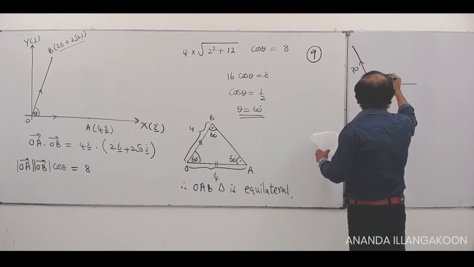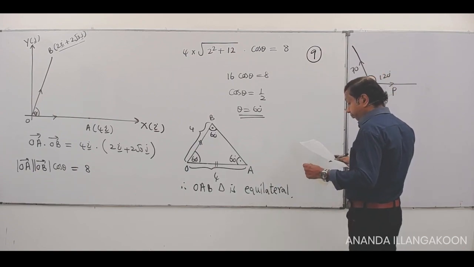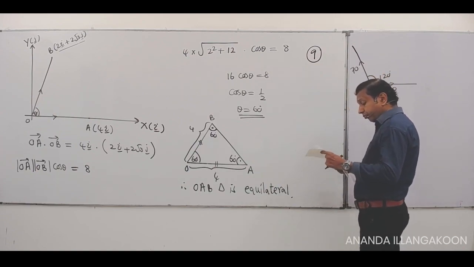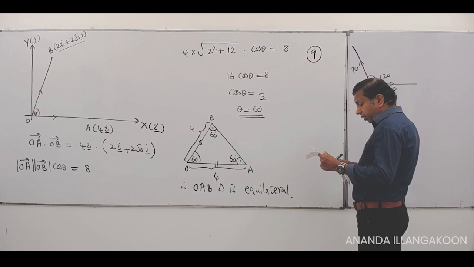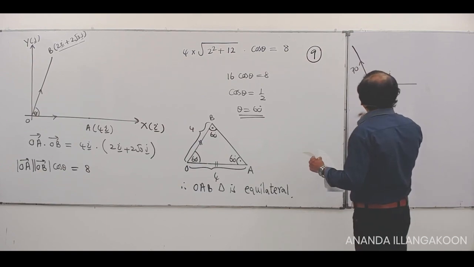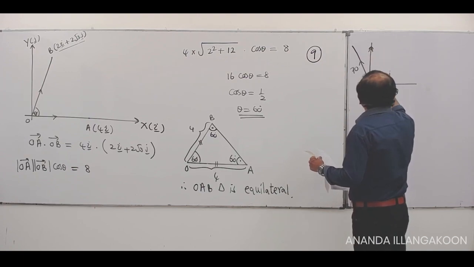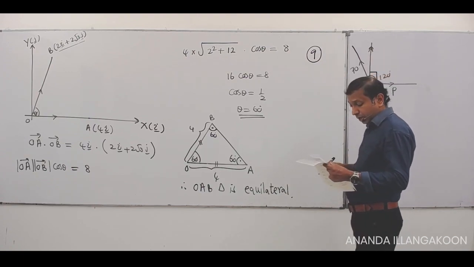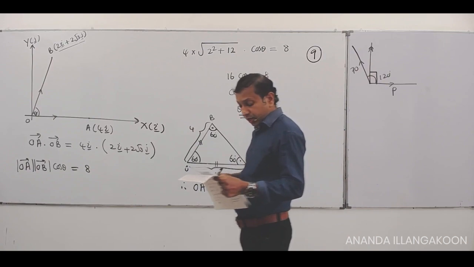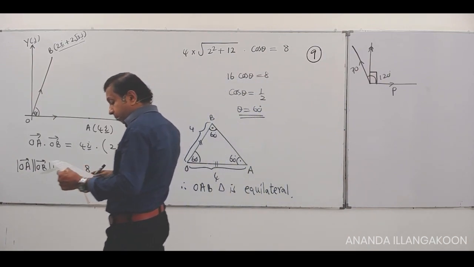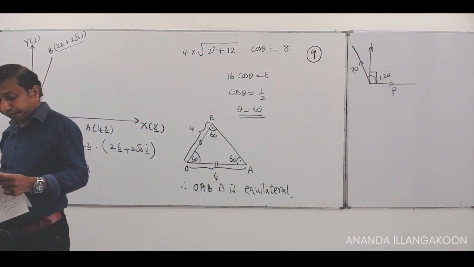This angle is 120. Right, no? The resultant force R is perpendicular to force P. This is the resultant. It is perpendicular to force P. Find the magnitude of the force P and R.